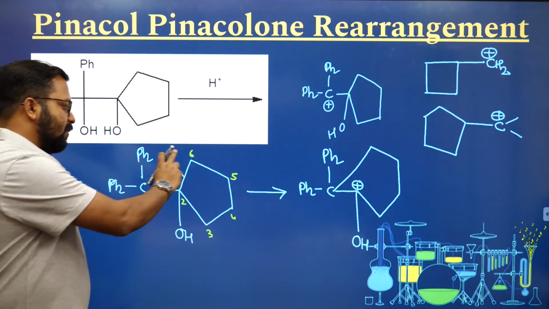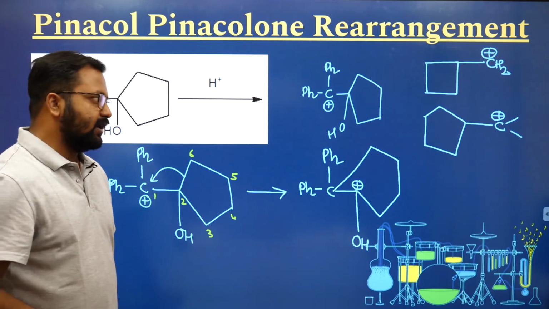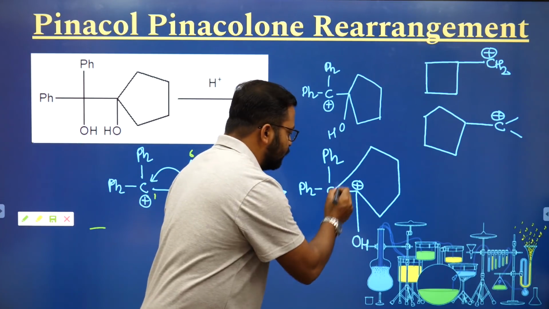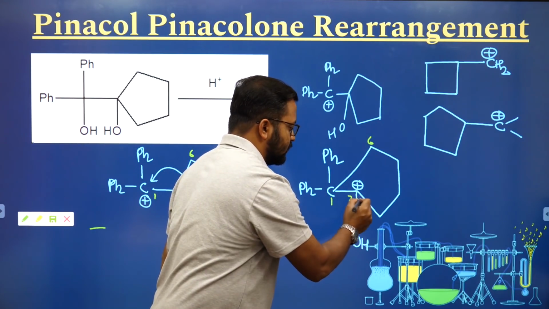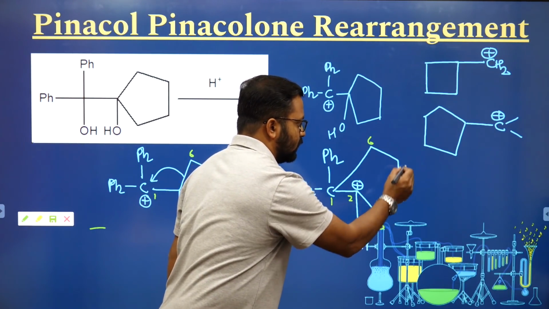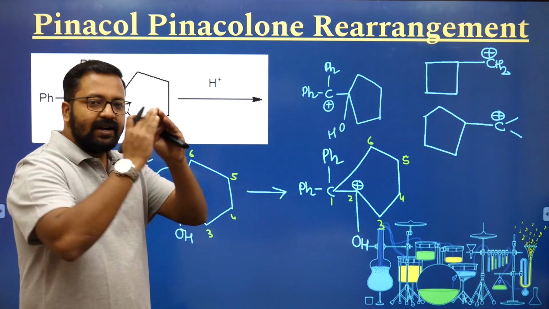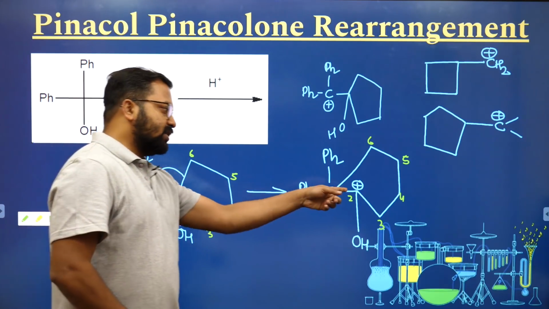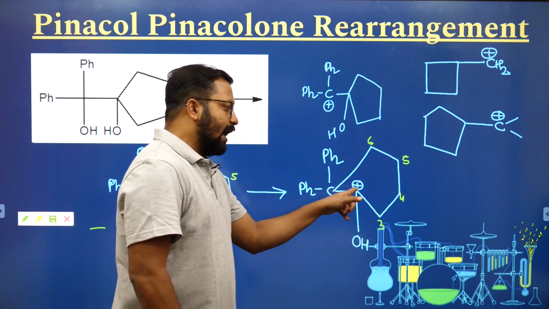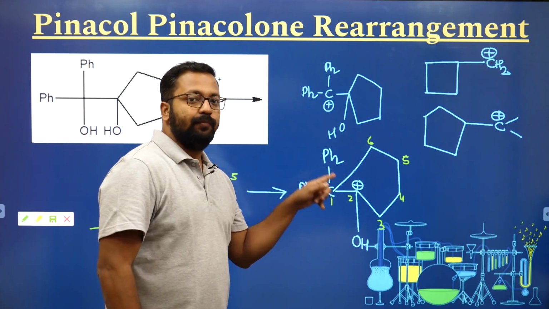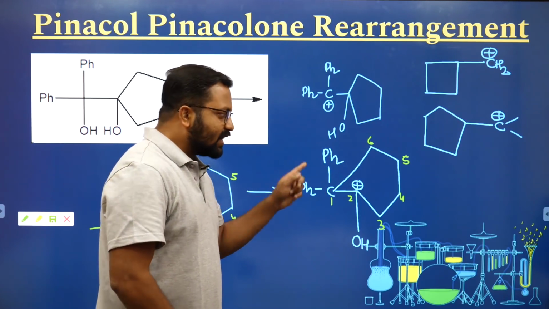I broke the bond between 2 and 6, and I have formed a bond between 1 and 6. Now I get a 6-membered ring with the positive charge on the carbon atom labeled as carbon number 2.